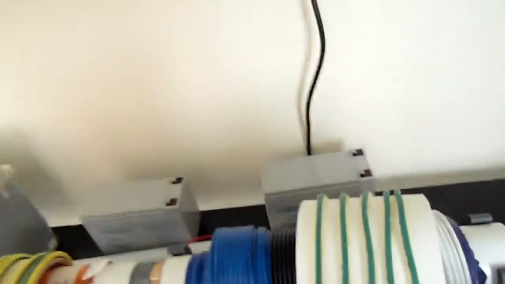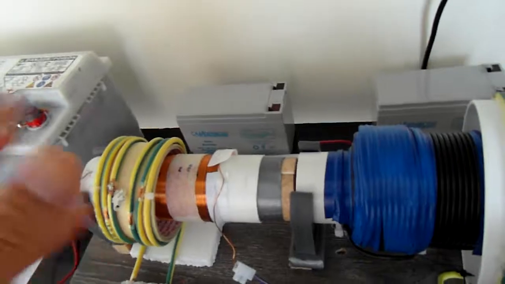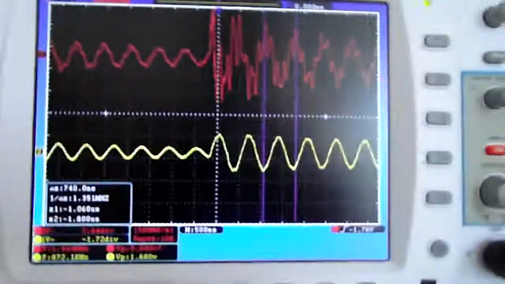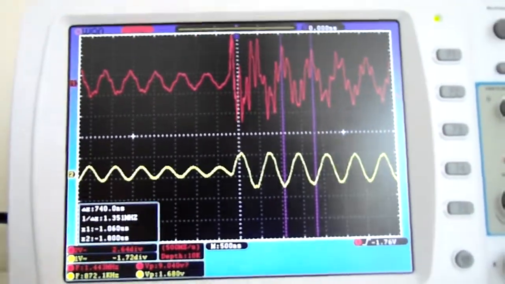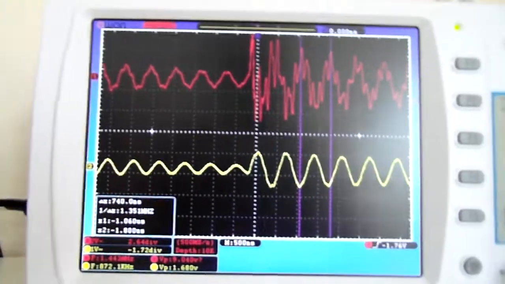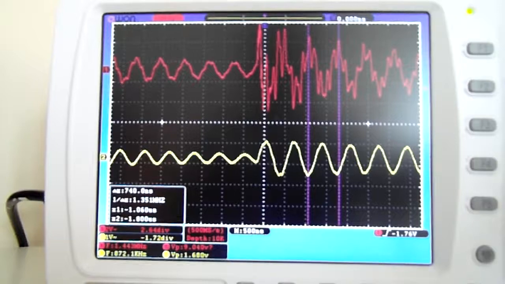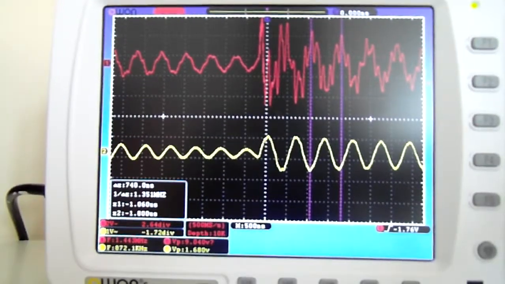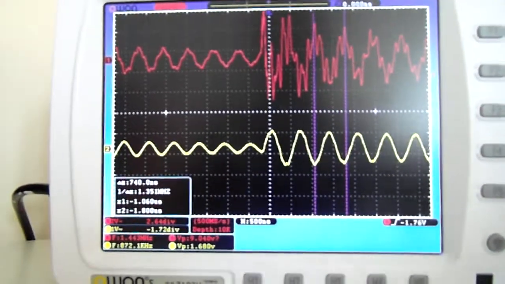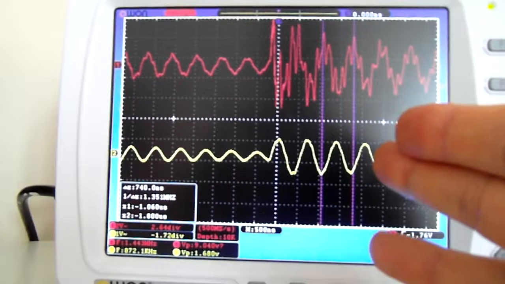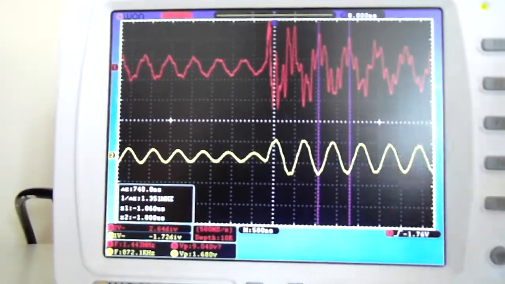So actually, I think this one is optimized for 1.3 megahertz, although I thought it's 1.6 or 1.7, so whatever. So it's 1.3 megahertz, it's surviving always, although I put the low frequency.